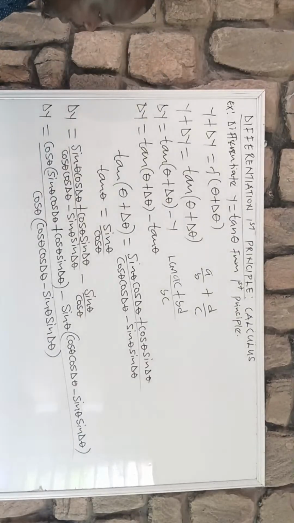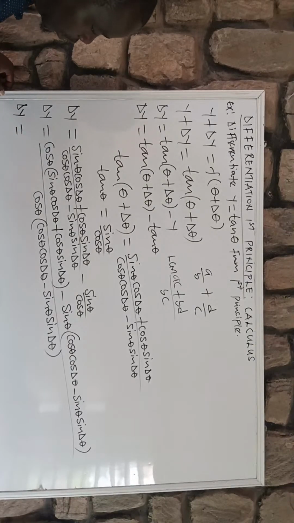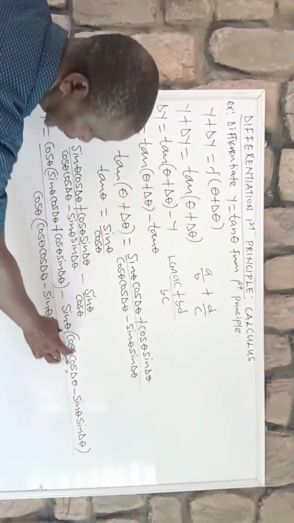So if you can see what I am saying, dy is equals to, let's multiply these brackets and this one.